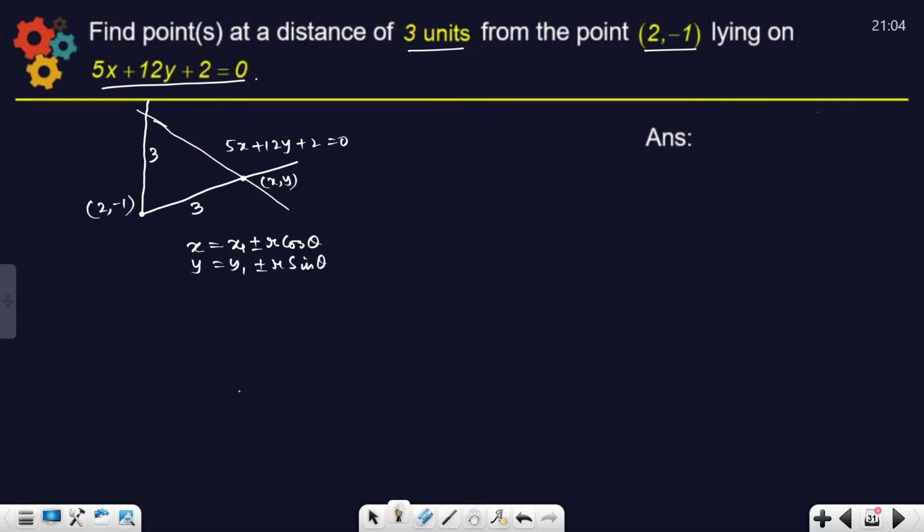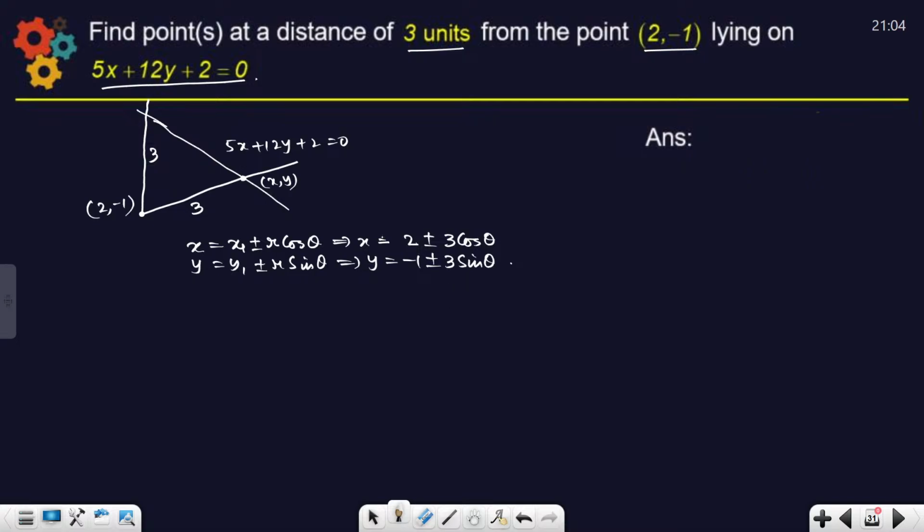Correct? So what will that x be? Your x will be 2 plus minus 3 cos theta, since r is 3. And your y will be minus 1 plus minus 3 sin theta. Is it clear?